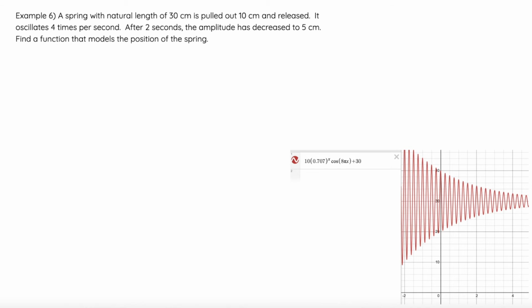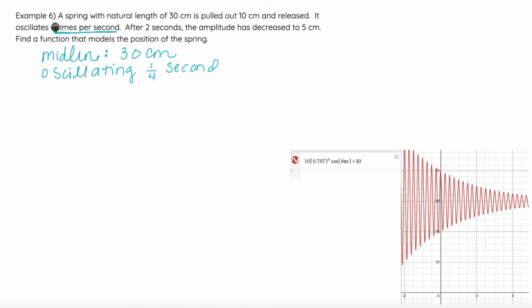So we are given the midline, the length of the string itself, which is 30 centimeters. We also know that it's oscillating one-fourth of a second because it is doing 4 times per second.